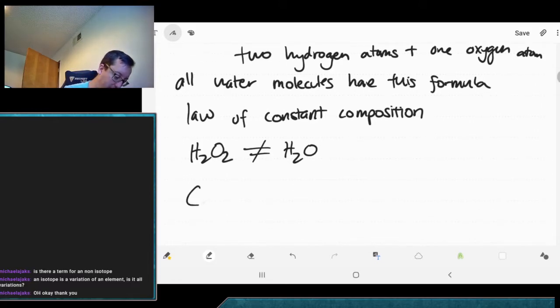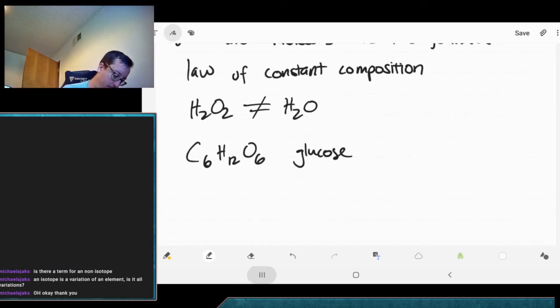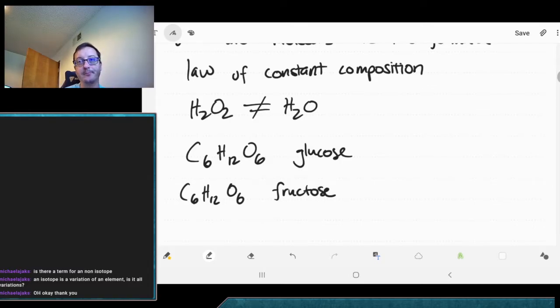Every glucose molecule has 6 carbons, 12 hydrogens, 6 oxygens. So they're all the same. Every single glucose is like this. One more thing to note, however, fructose also has the same formula.